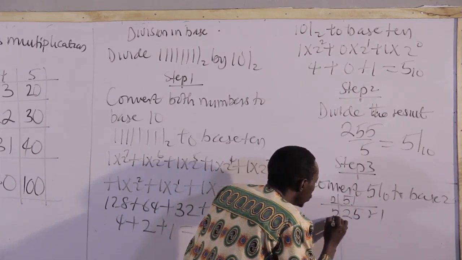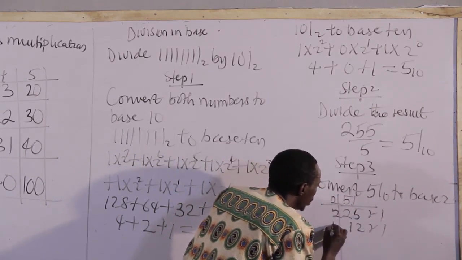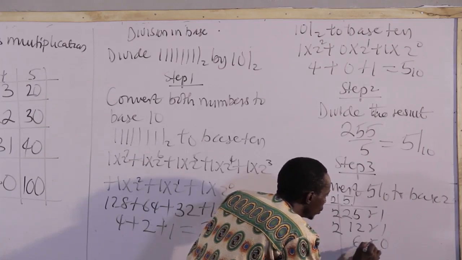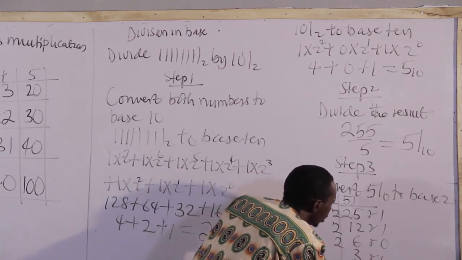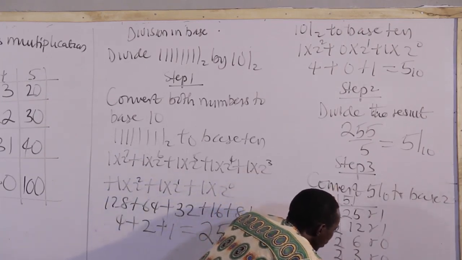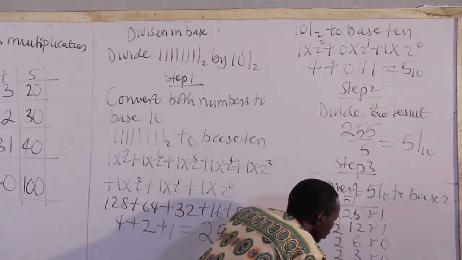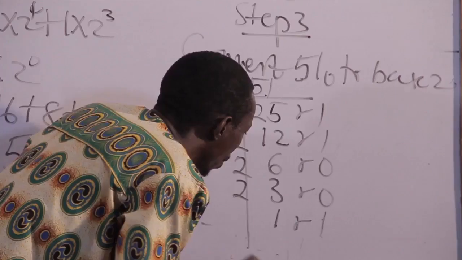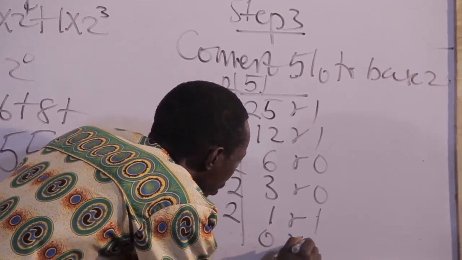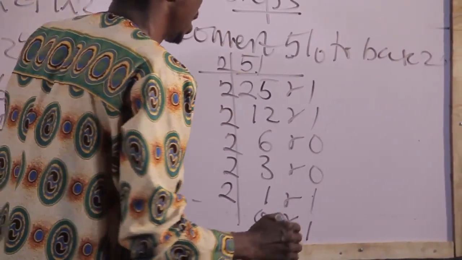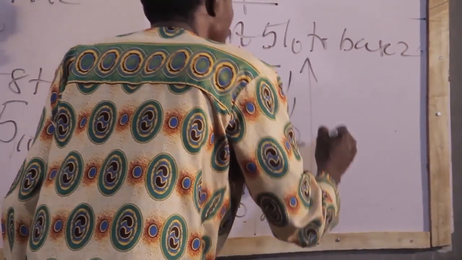Remainder 1. 2 in 25, 12. Remainder 1. 2 in 12, 6. Remainder 0. 2 in 6, 3. Remainder 0. 2 in 3, 1. Remainder 1. Don't forget this stage. 2 in 1, 0. Remainder 1. You now write your answer up from the bottom.